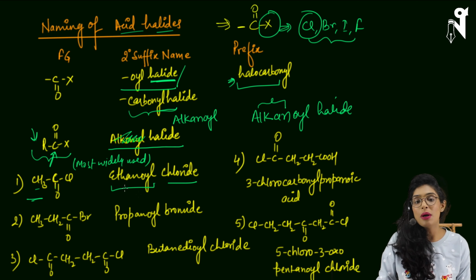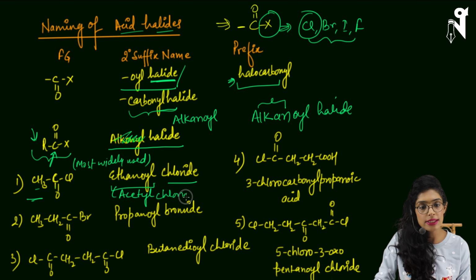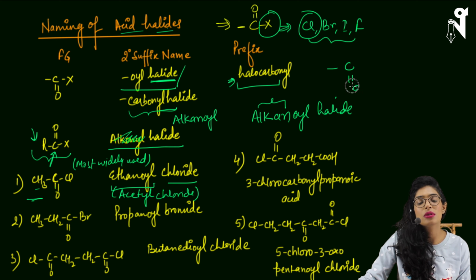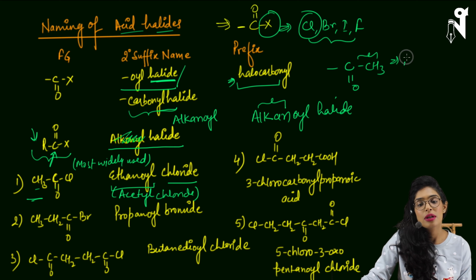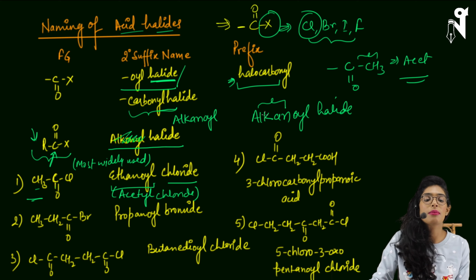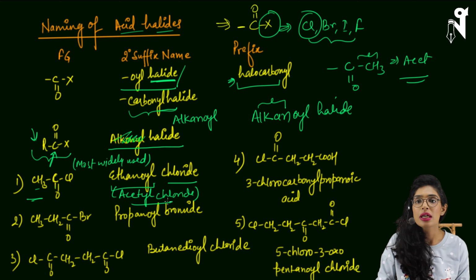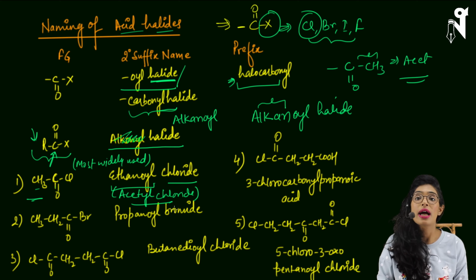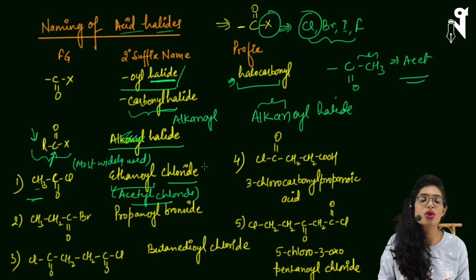Okay, this compound is also called acetyl chloride. Why it is called acetyl chloride, I have told you. COCH3, this group is the acetyl group, so the compound name is acetyl chloride. Okay, this is the most widely used acid chloride. You will see its usage every now and then in organic chemistry.